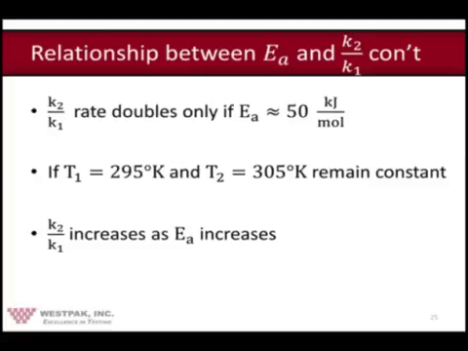In this chart, we can appreciate what the increase of activation energy does to the ratio of reaction rates while maintaining ambient conditions. For our purpose of interest, we can see that at 50 kilojoules per mole, the ratio of reaction rates doubles at ambient conditions with temperatures of 10-degree difference.